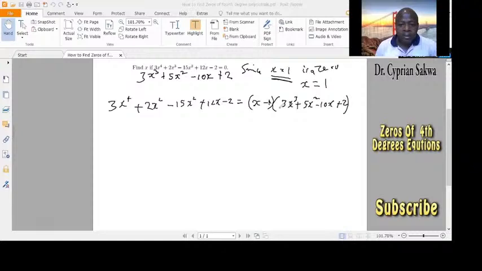This is what we have so far, that we have factorized this to be this.